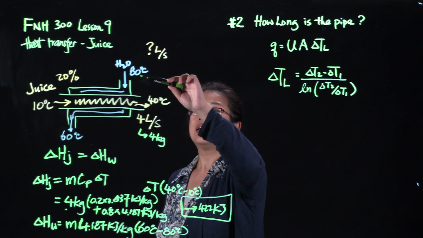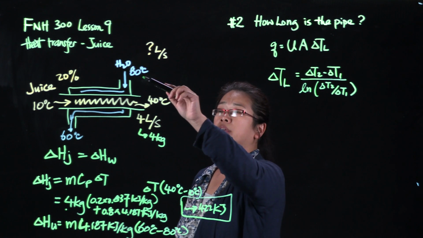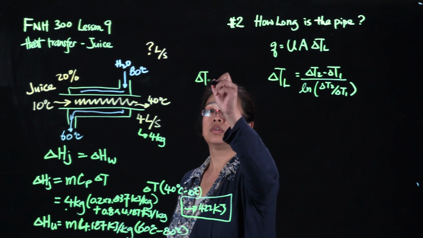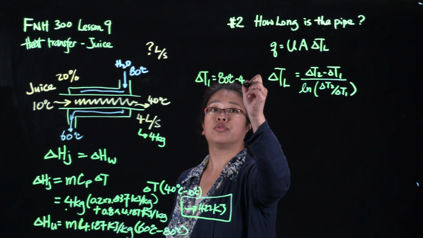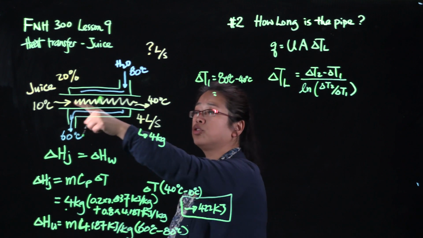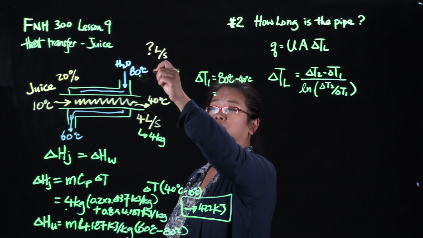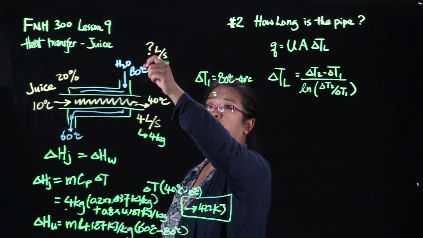So looking at the end of the pipe of the juice, we are looking at a temperature difference of 80 degrees Celsius minus 40 degrees Celsius. So the temperature difference at the end of the juice, but at the beginning of the water, because we pay attention to the water. So we will look at the initial temperature change of the water first.